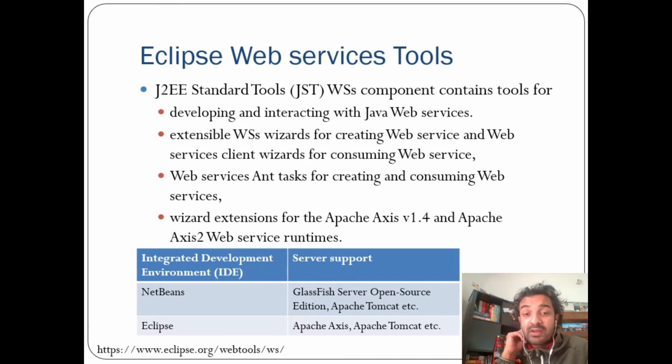Next, the server supported by Eclipse web service tools. Apache Axis is supported by Eclipse, and in NetBeans, Apache Tomcat and Glassfish servers are supported. NetBeans supports Glassfish and Apache Tomcat, whereas Eclipse supports the Apache Axis server.